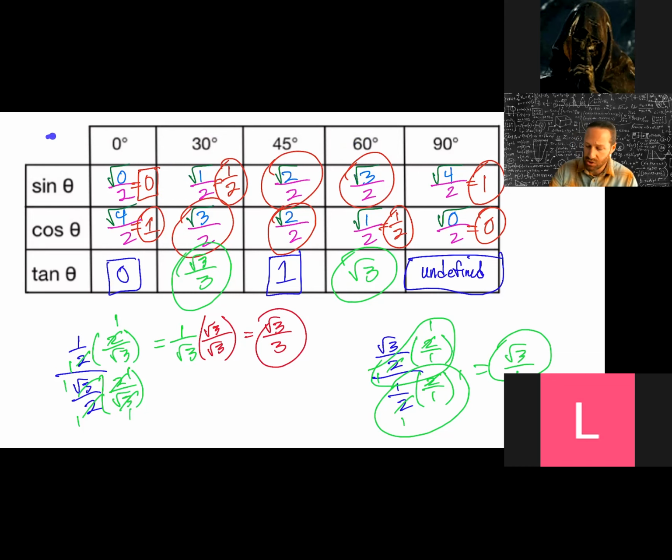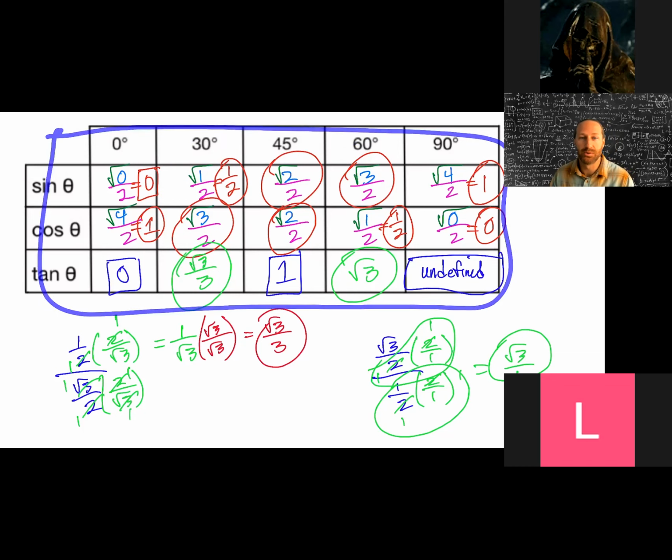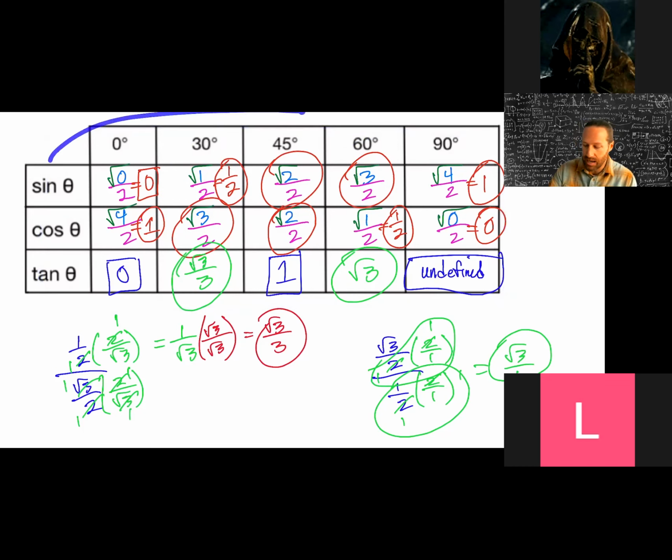Okay, so I wanted to show you guys how to build this, but do I want you to have to set this up and build it every single time just to figure out what the cosine of 60 is? No, I want you to memorize all of these so that when I ask you what the sine of 30 is, you all say what immediately? 1/2.